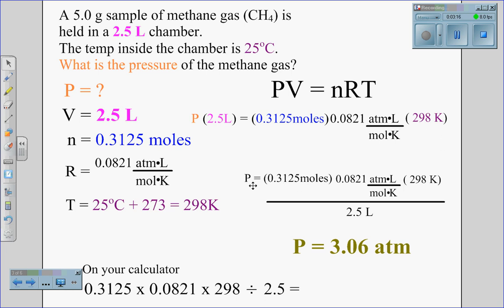Completing the algebra, we get P equals 0.3125 moles times 0.0821 times 298 Kelvin divided by the 2.5 liters. When we do this in the calculator, we get an answer of pressure at 3.06 atm.